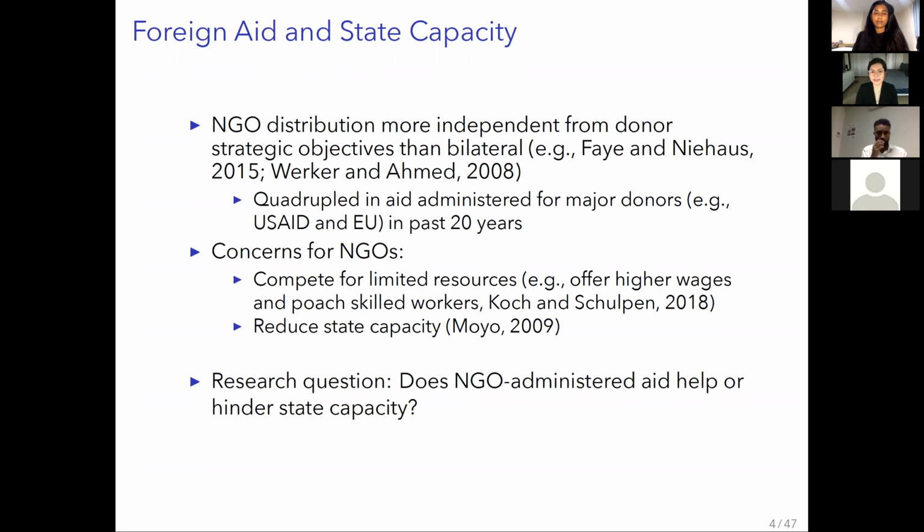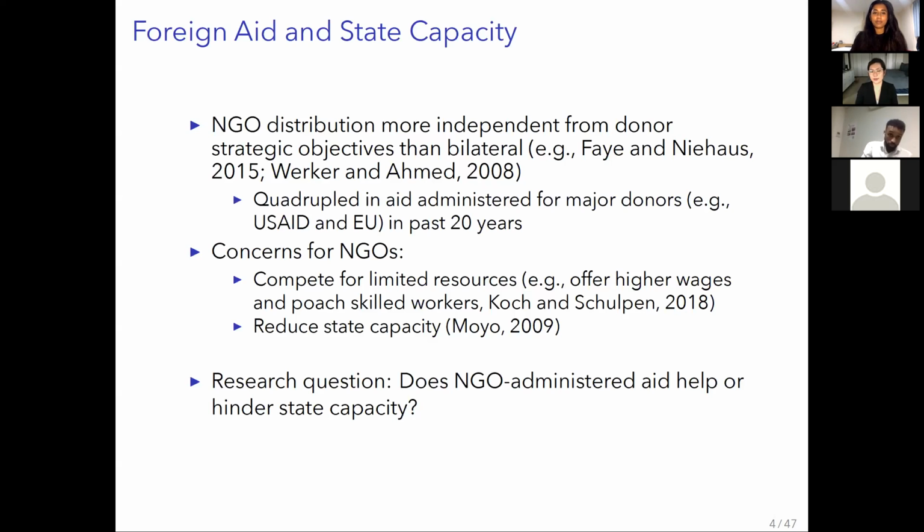And what this means is that many workers who would work for the government as doctors, teachers end up working for NGOs, right? And then people talk about the local brain drain: the NGOs come, they pay a lot of money, they hire all of the local skilled labor supply that the government would actually need to build up its own capacity to help the poor.